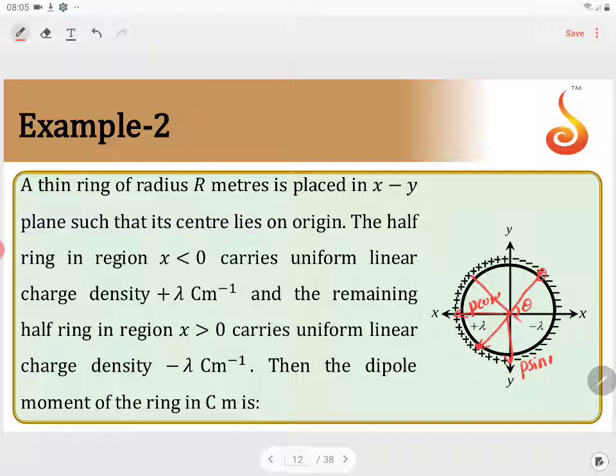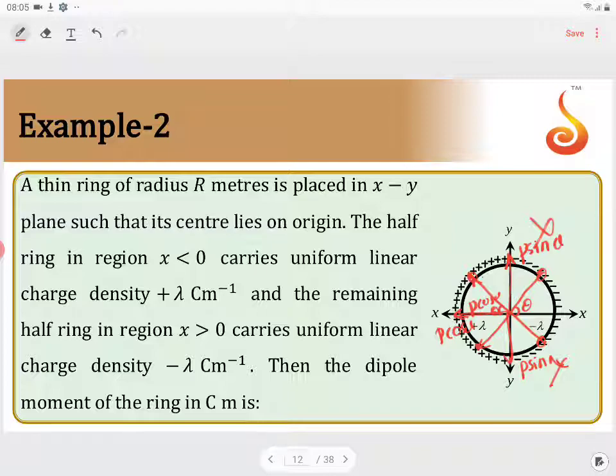Similarly, if we consider one dipole between this elemental charge and this elemental charge at the same theta with the negative x-axis, you can resolve this into p cos theta and p sin theta. This p sin theta will be cancelled with this p sin theta. That's why all vertical components of dipole moments will cancel. Only horizontal components will be there, and that too leftward.